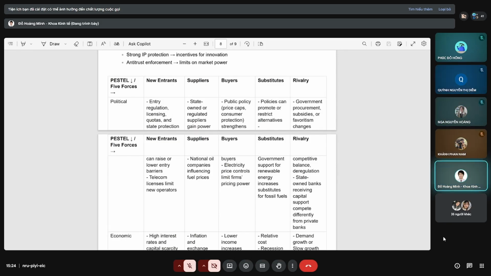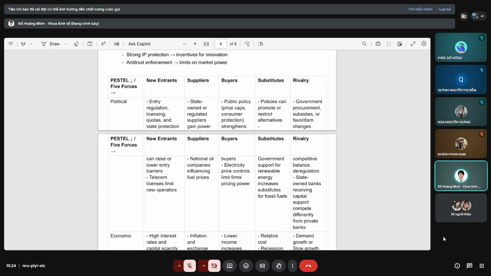Or some companies that produce defense products, right?